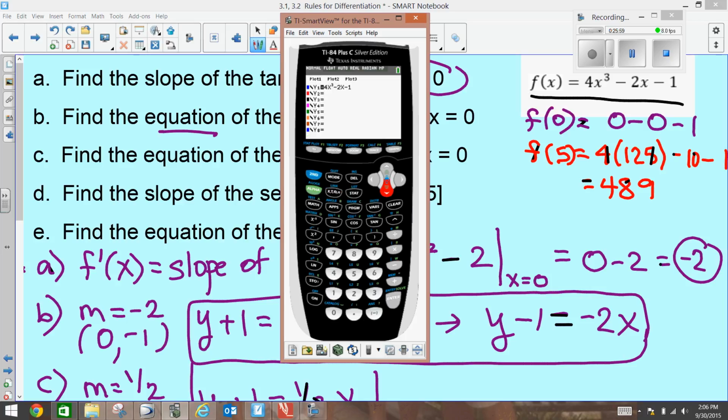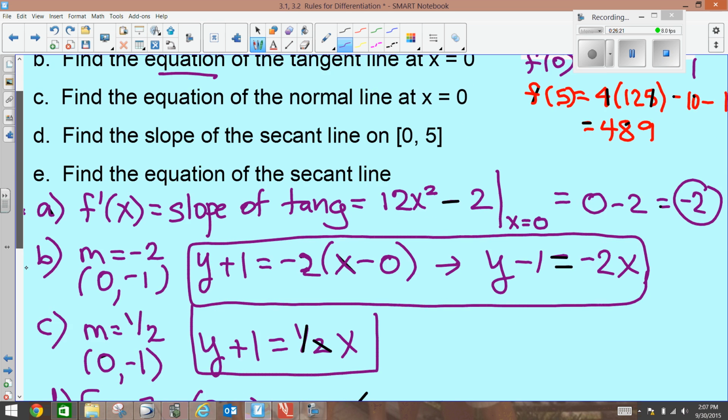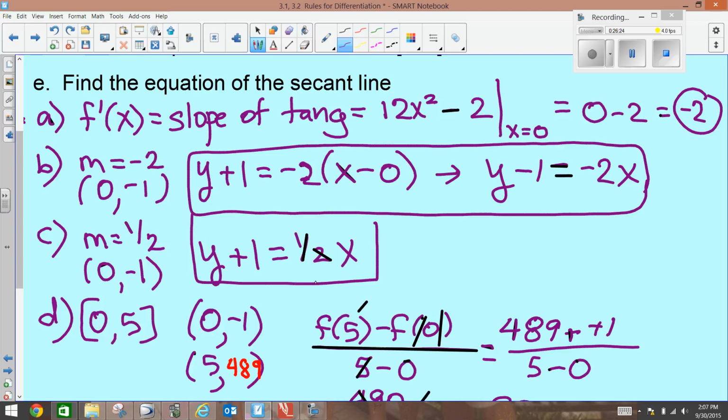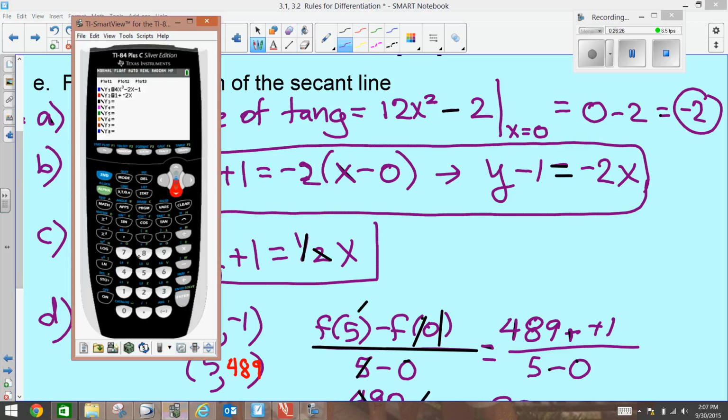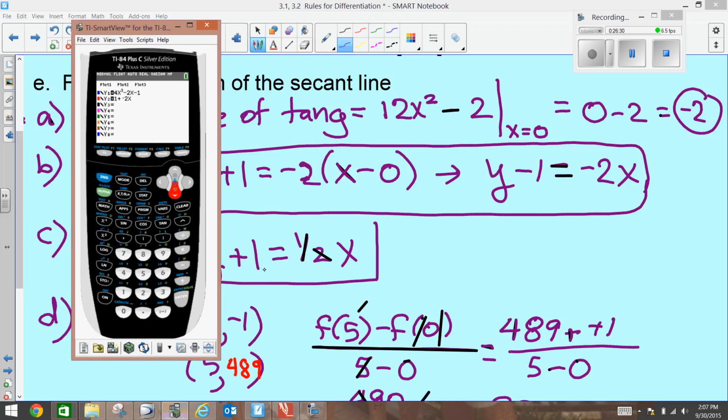We're going to put the equation of the tangent line in there as well. So y equals 1 plus negative 2x, that's my tangent line, that's red when I graph it. And then my normal line, let's do that one. Right here's my normal.